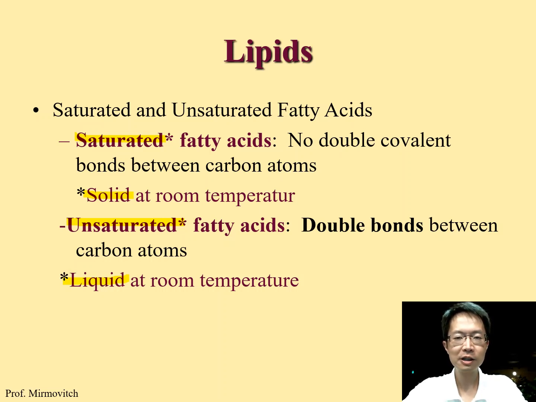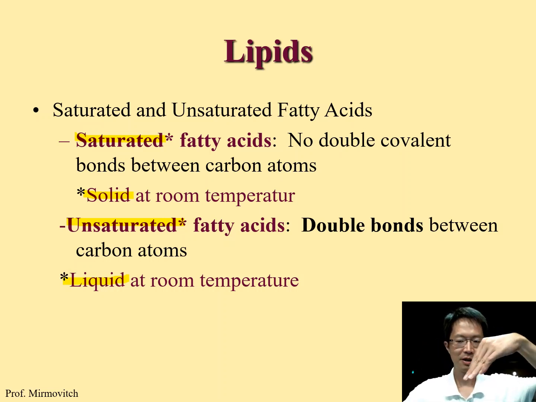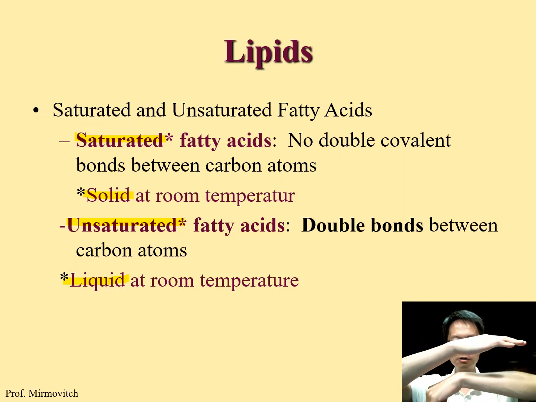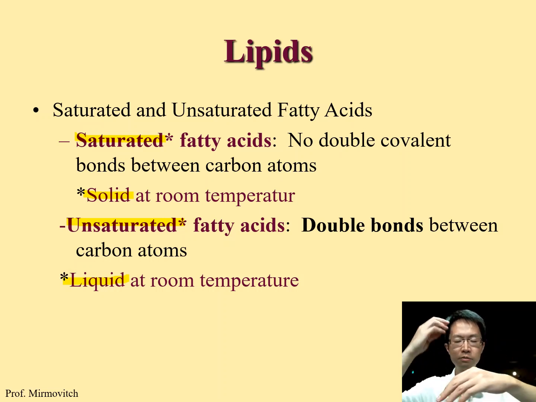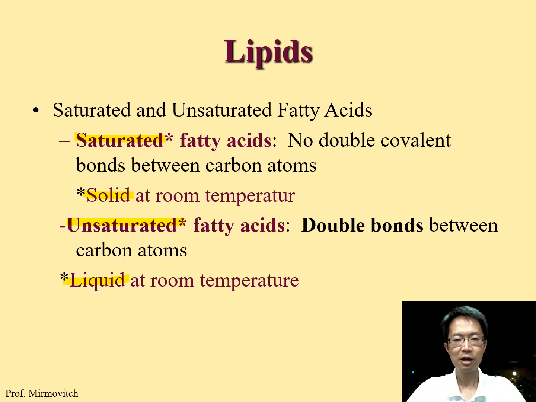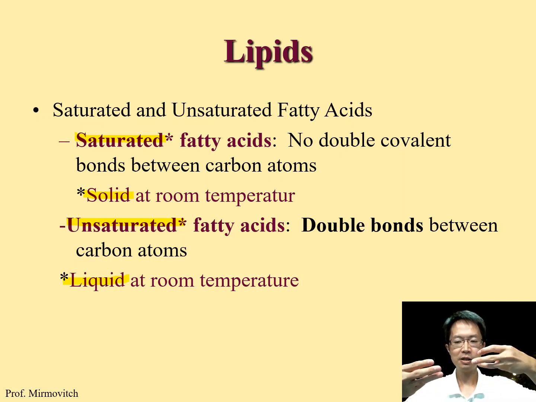What happens when you have a CC double bond? The fatty acid chain will be bent like this. So, in other words, when a triglyceride molecule has a CC double bond in at least one of its fatty acid chains, then in between the triglyceride molecules, they bend, and this one also bends.